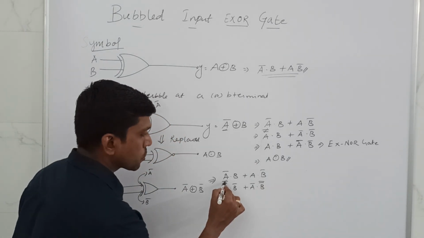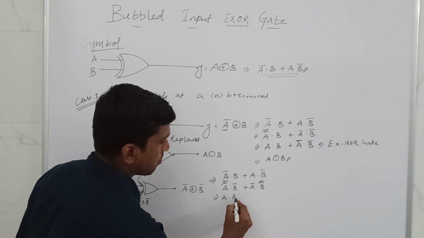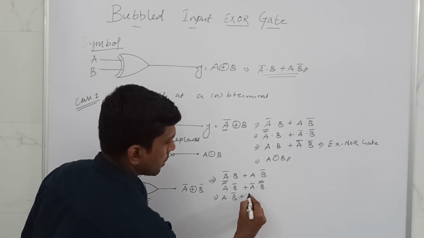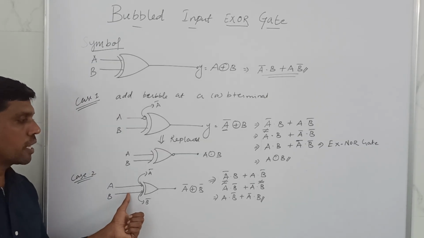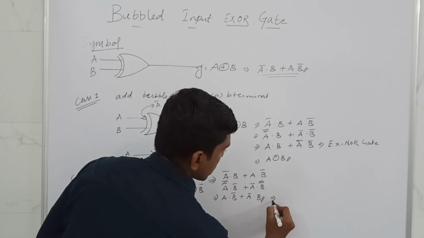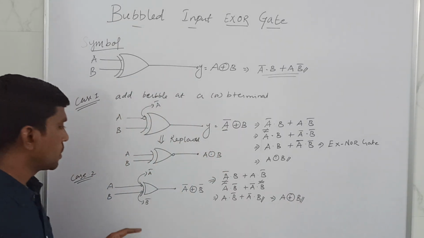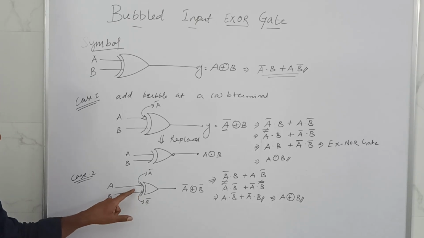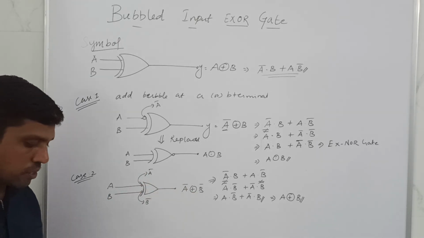Cancelling these bars, you get A dot B bar plus A bar dot B. This expression looks like A XOR B. If I add bubbles on both sides, this bubbled XOR gate is replaced by the same XOR gate.